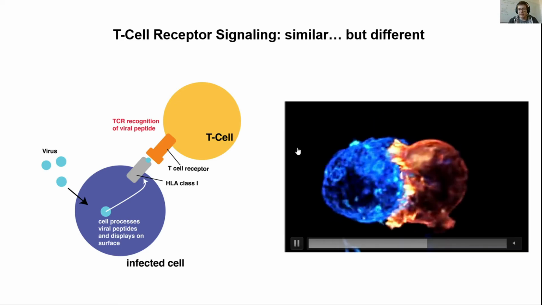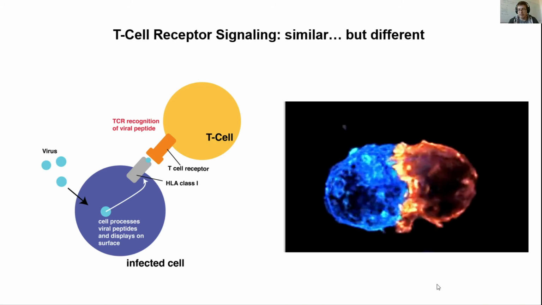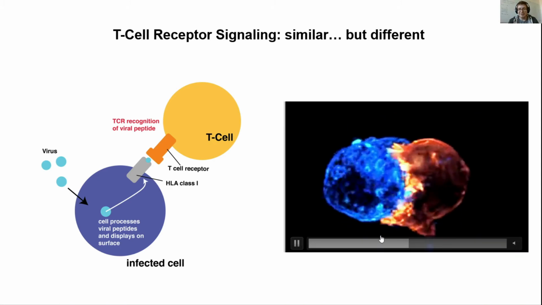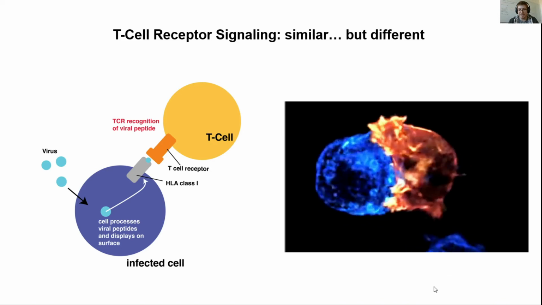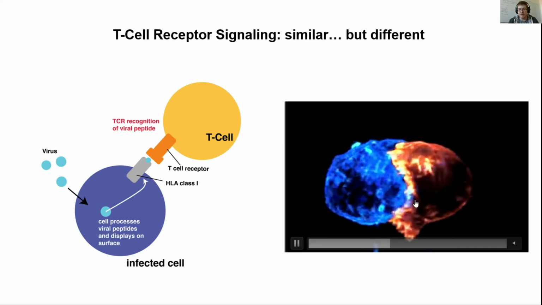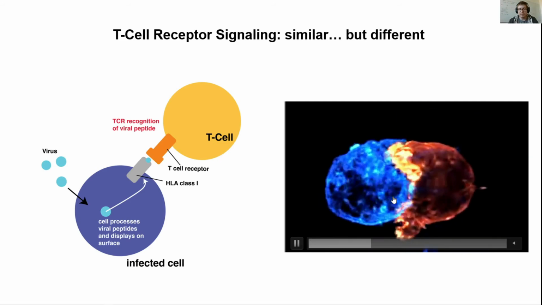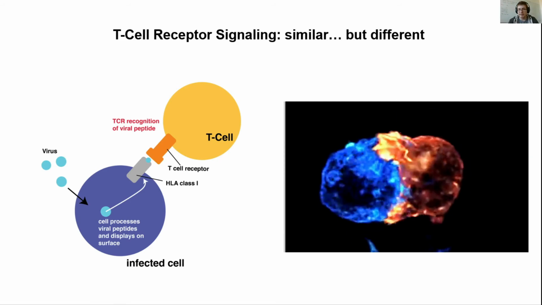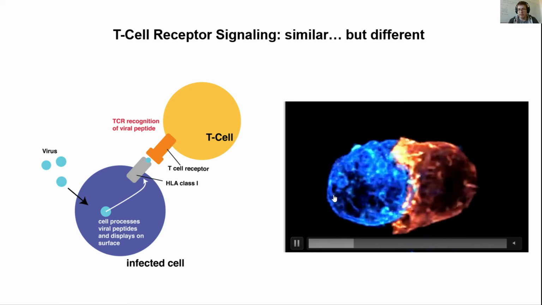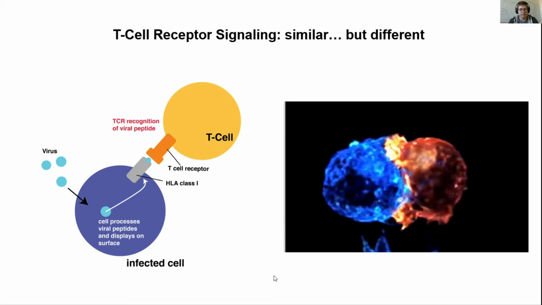And so what you're seeing here is a video. I didn't record it, but it is a video of a T cell interrogating a target cell. And so at the synapse between these two cells, there is T cell receptor signaling happening that's going to decide whether or not this cell should be killed or spared.